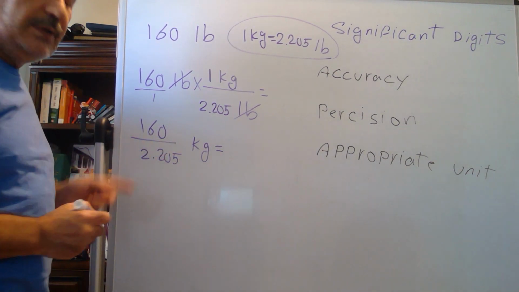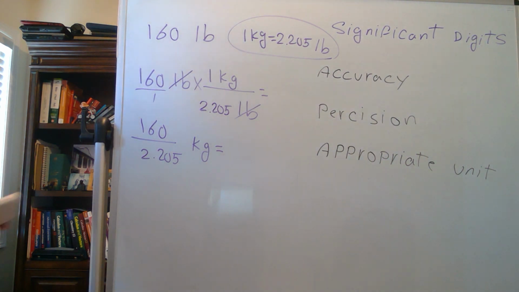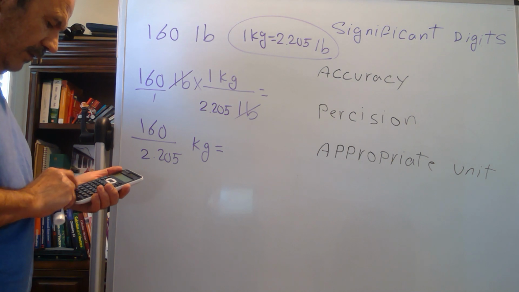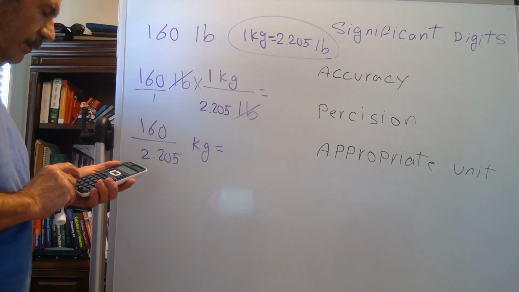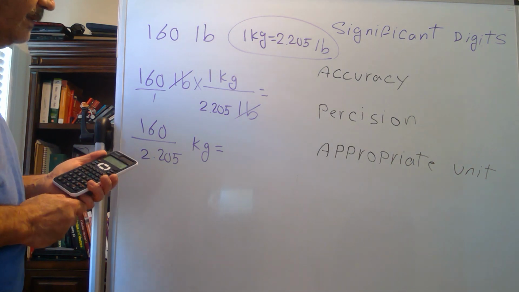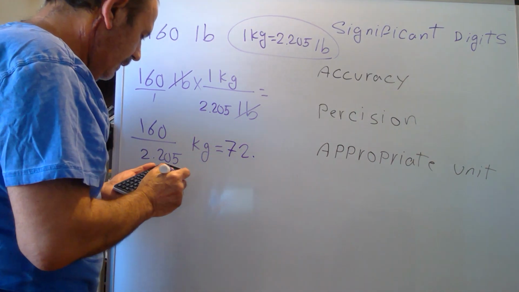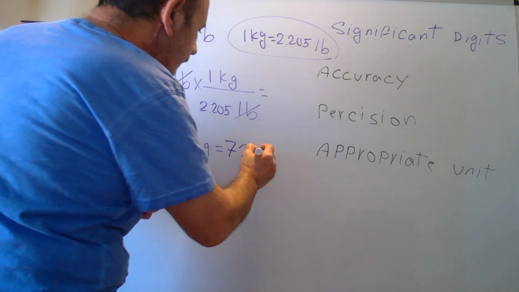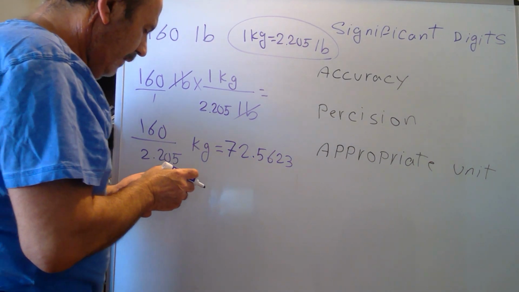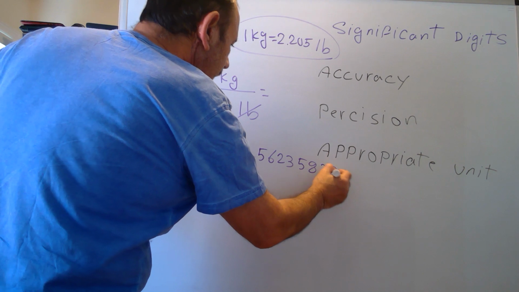If I use a calculator to divide 160 by 2.205 kilograms, what is the answer going to be? 160 divided by 2.205, the answer is 72.56235623 5828, and it keeps going.